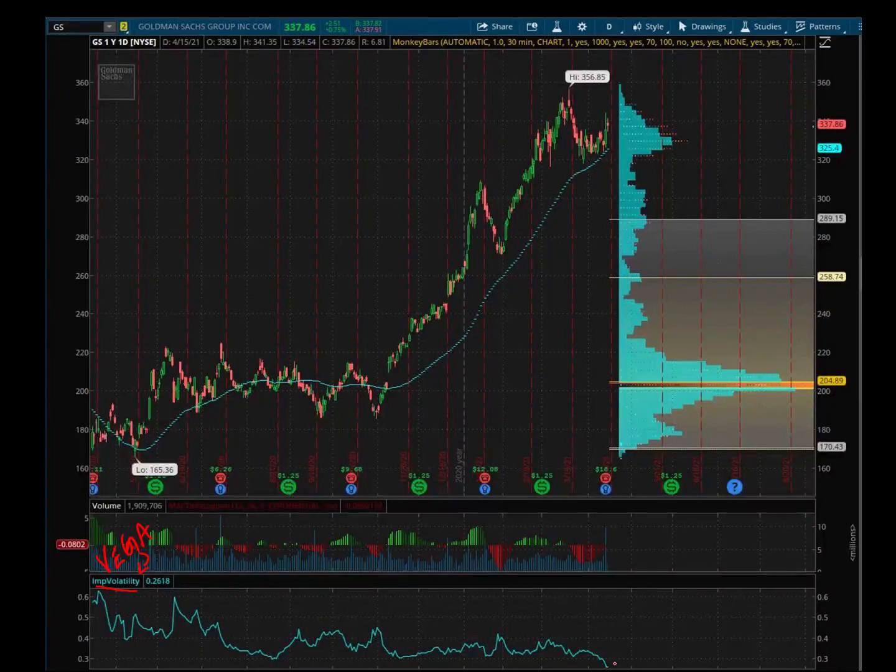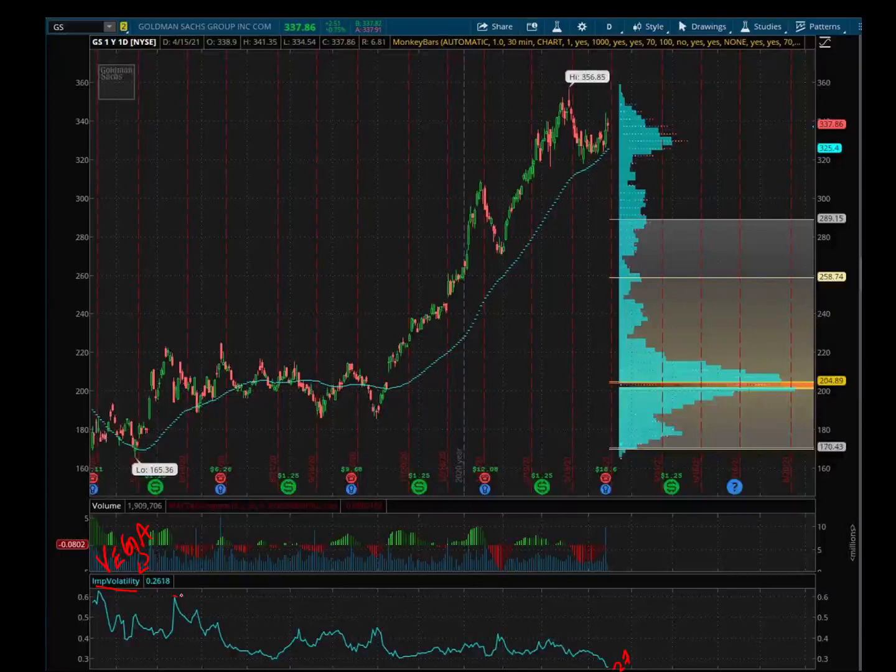And right here it's right around 27. So implied volatility is extremely low here for Goldman Sachs. Now, 27 might be really high for something like Johnson & Johnson or something else, right? And we can see that this high here on this point is about 60. Well, something like Tesla might never get as low as 60.